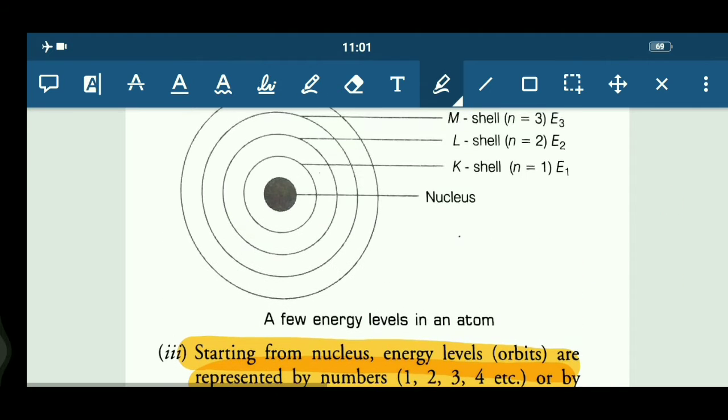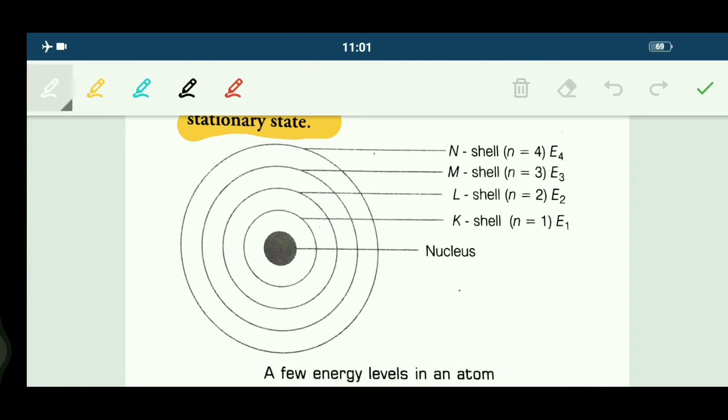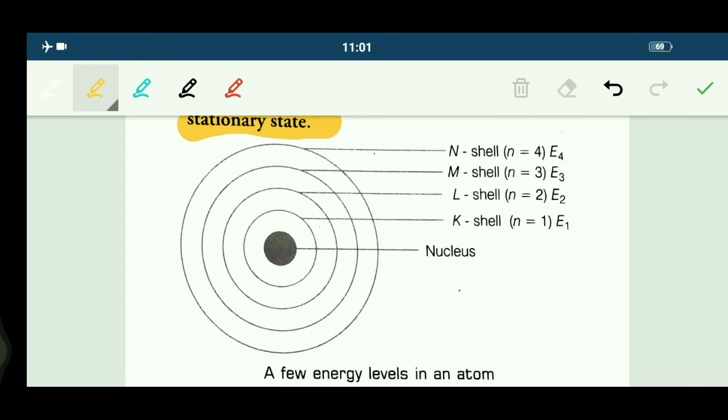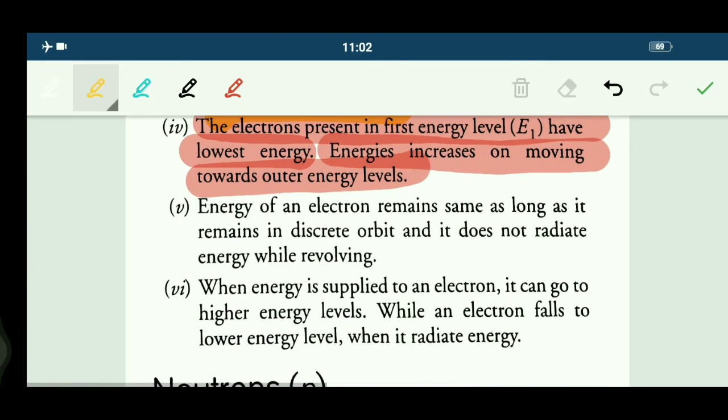Which means, children, that in this shell the energy is low and the energy keeps on increasing as the shell changes. Like if in the K shell the energy is the lowest, in the N shell the energy is the highest.